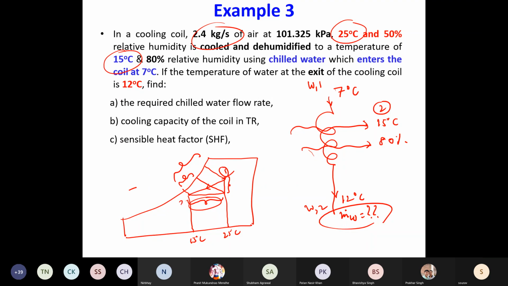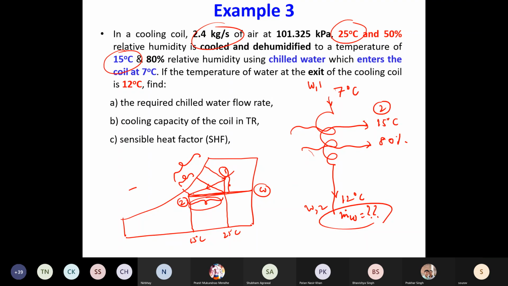1 to 2 using ES. So what is constant over here in the sensible process is the omega. So make use of this fact. So obtain the omega at this condition, omega 2.